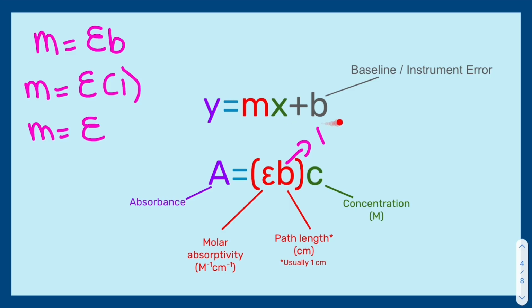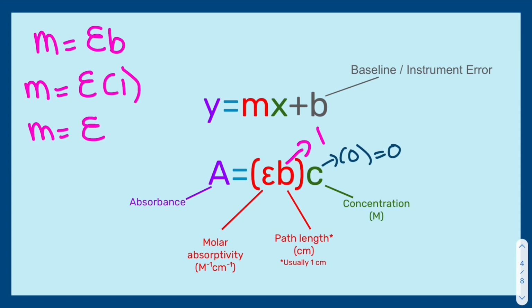Now you might notice that in the slope-intercept form of a line, there is also a plus b term, but in Beer's law, there is no such thing. Why is that? Beer's law predicts that absorbance should be 0 when concentration is 0. If we plug in 0 for concentration, anything times 0 is equal to 0, so when concentration is 0, absorbance is 0.